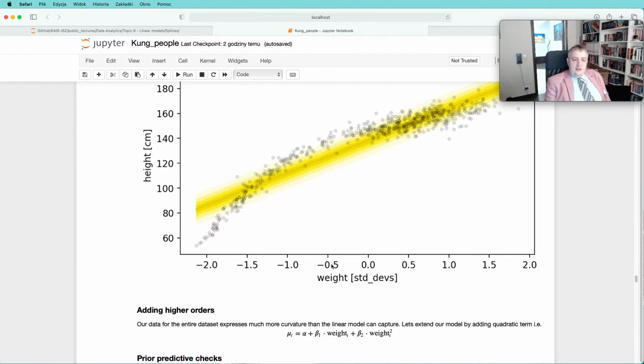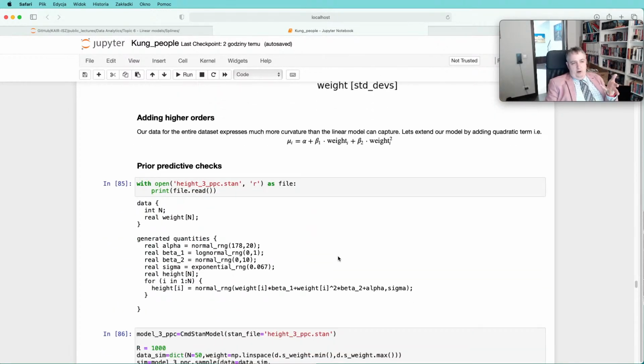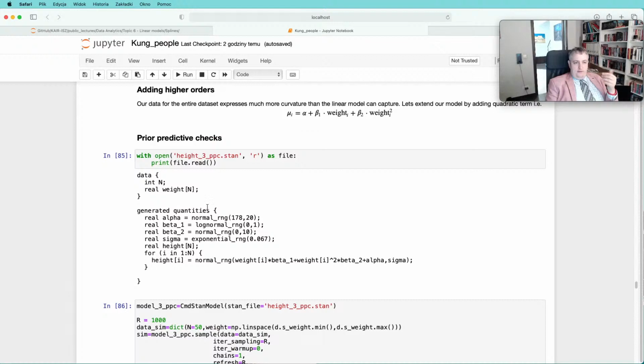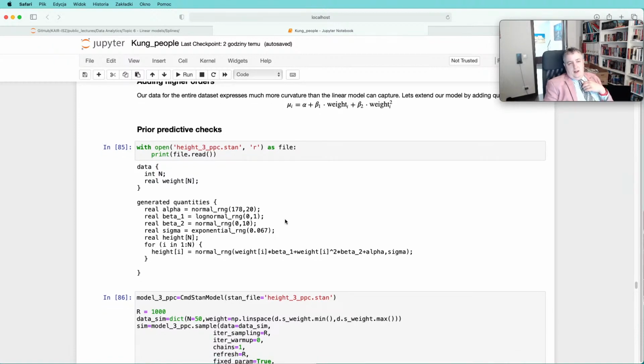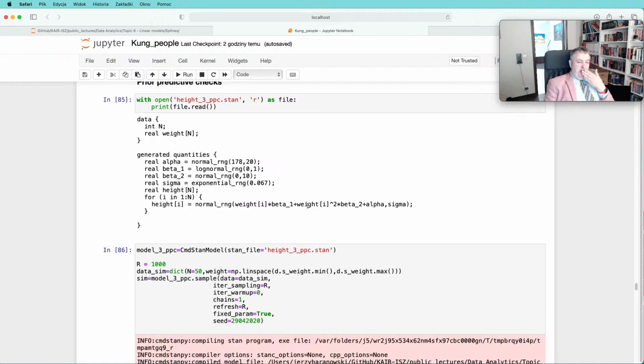We can add it here and again do prior predictive checks with our priors. For the second order coefficient, we are starting with a normal, but with a log normal for the first order, as previously.